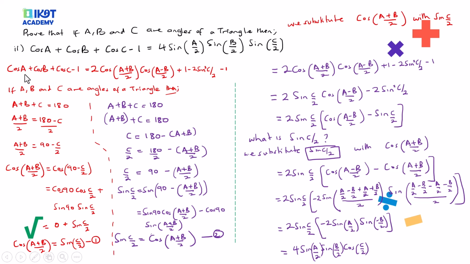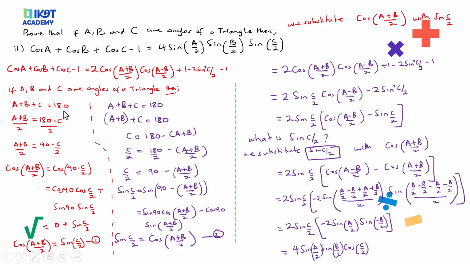So now here we are, cos A plus cos B. Applying the factor formula to this becomes 2 cos, plus, now I expand this to 1 minus 2 sine squared C out of 2. Why? Because this can help me eliminate this one. This can go with this. If these are angles of a triangle, A plus B plus C is equal to 180.